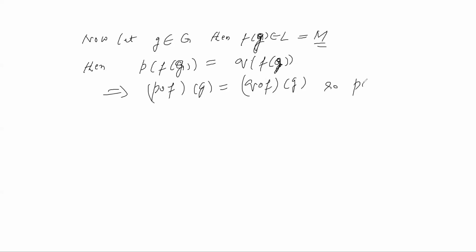So P composition F is the same as Q composition F, and F is EP. So therefore, since F is EP, P is the same as Q. P is the same as Q. So this means P of A equals Q of A.